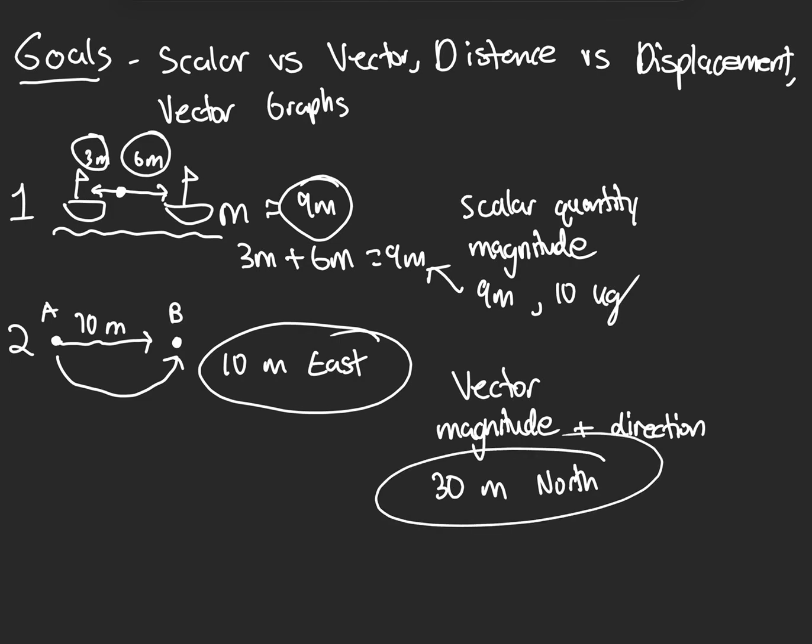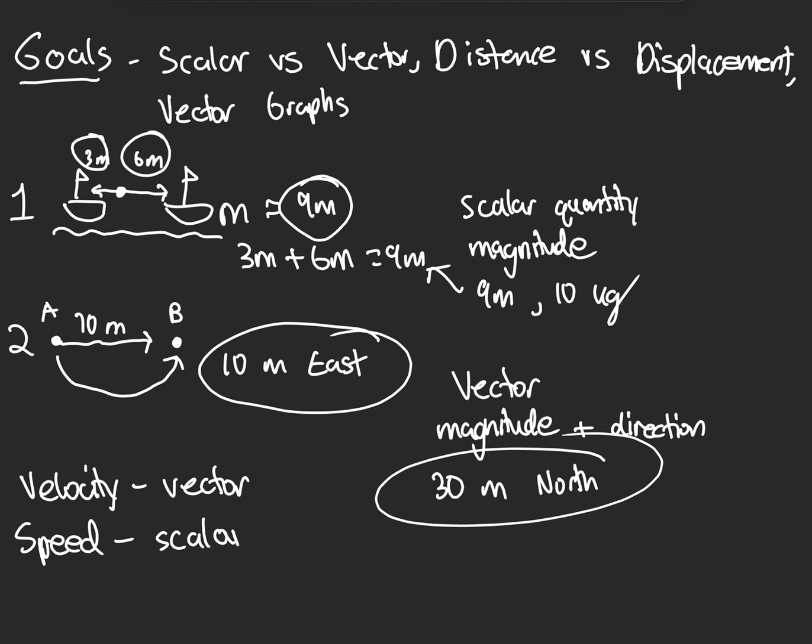Another example would be velocity, right? Velocity. Well, many people mess this up, okay? A lot of people think that velocity and speed are the same. Well, they're not, okay? Velocity is a vector, whereas speed is a scalar quantity.